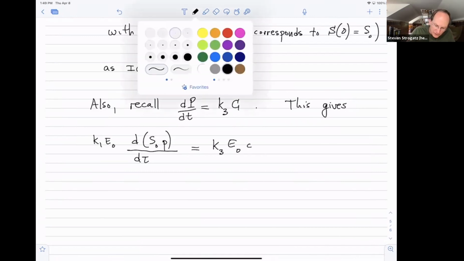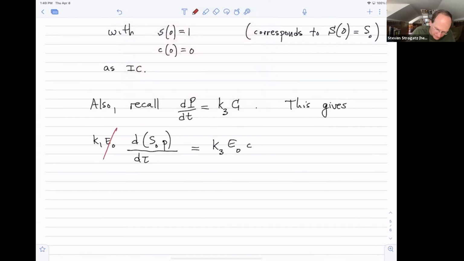And so we can cancel out these E0s and swing the other constants over to the other side.